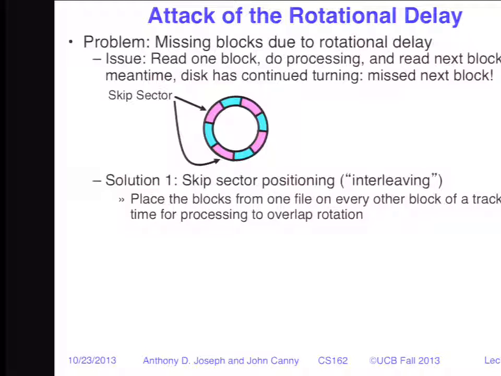So when you get a new drive, you put it into your computer and you profile it to see if you did a little bit of compute, how quickly could you read the next block from the disk? How far would it have rotated? And based on how far it rotated, you'd set this interleave factor. So I just did an interleave of 1. But you could have an interleave of 2 or 3 or whatever was appropriate, depending on how fast the drive was and how fast your processor was. Okay?